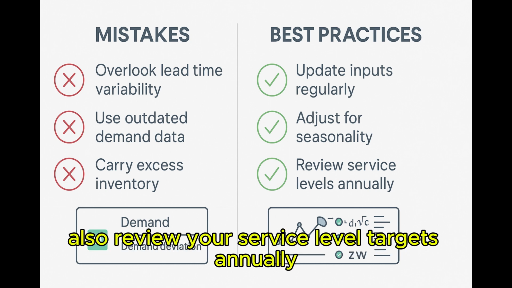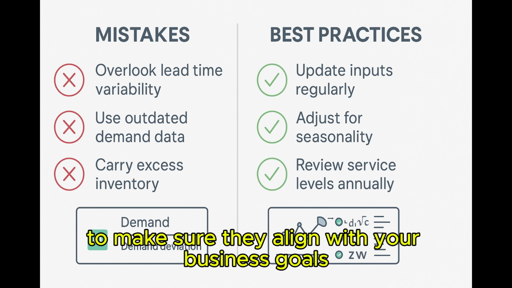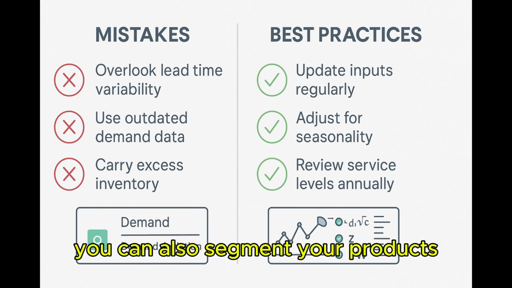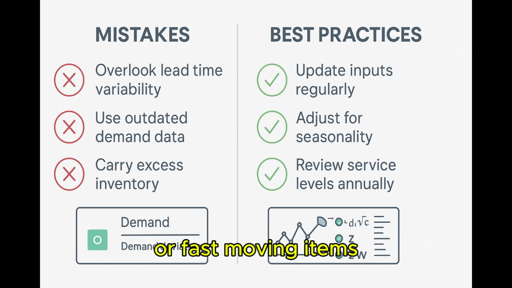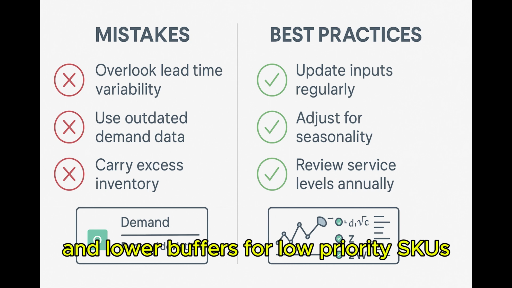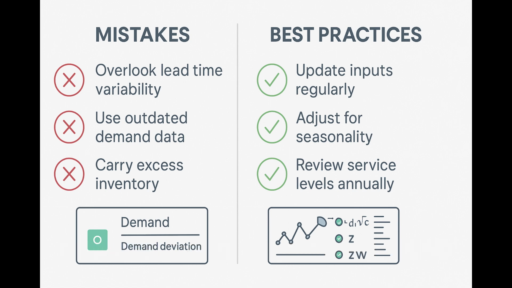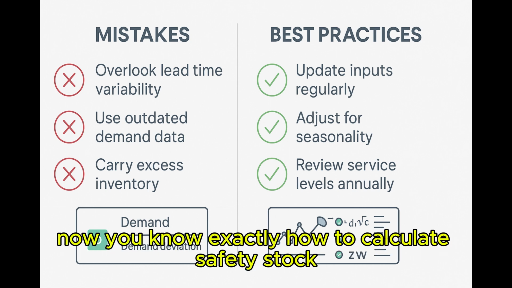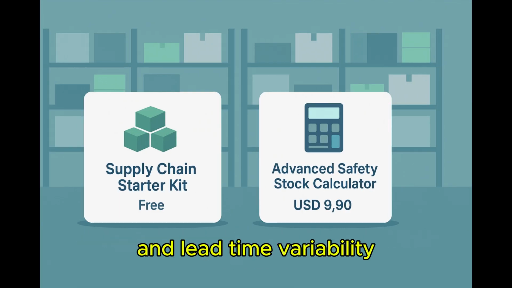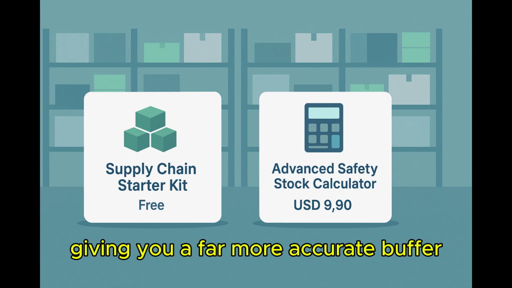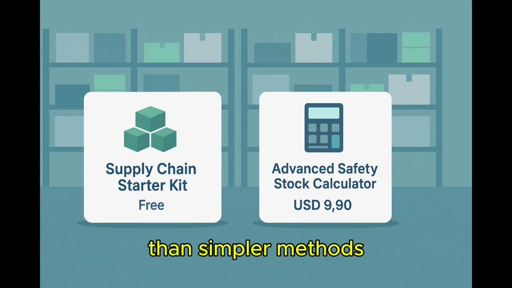Also, review your service level targets annually to make sure they align with your business goals. You can also segment your products, keeping higher safety stock for high-value or fast-moving items and lower buffers for low-priority SKUs. Now you know exactly how to calculate safety stock using a formula that considers both demand and lead time variability, giving you a far more accurate buffer than simpler methods.